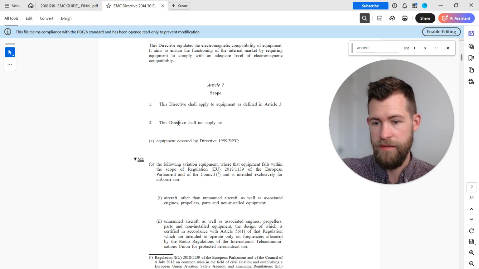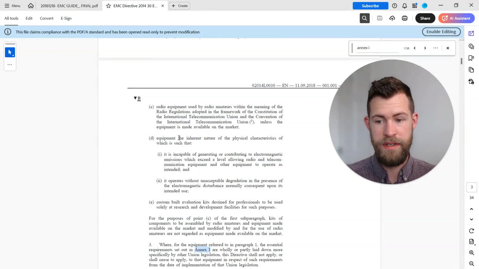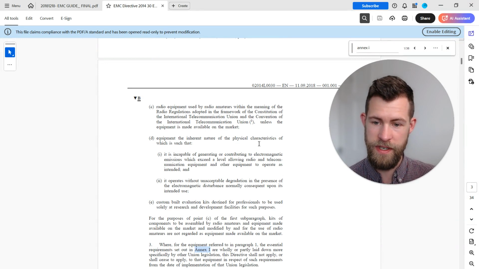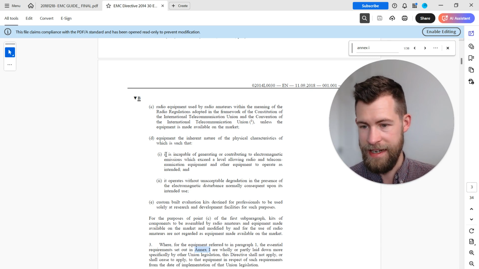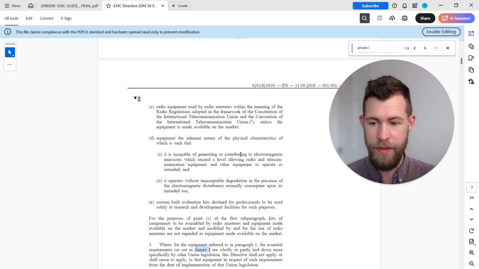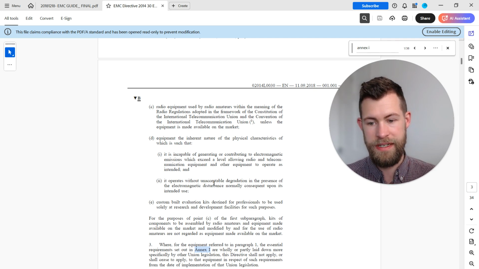So this directive shall not apply to, and I'm going to go down to 2D, equipment, the inherent nature of the physical characteristics of which is such, great language, it is incapable of generating or contributing to electromagnetic emissions which exceed a level allowing radio and telecommunication equipment and other equipment to operate as intended, and it operates without unacceptable degradation in the presence of the electromagnetic disturbance normally consequent upon its intended use.